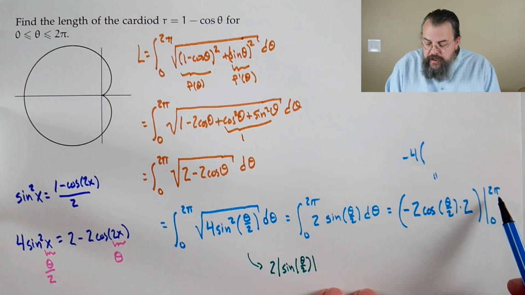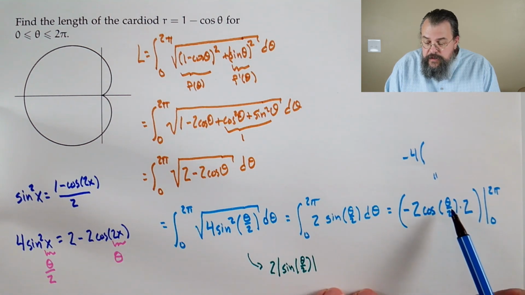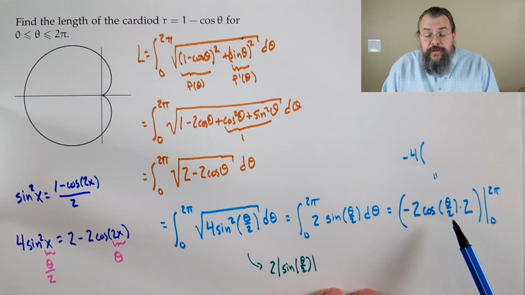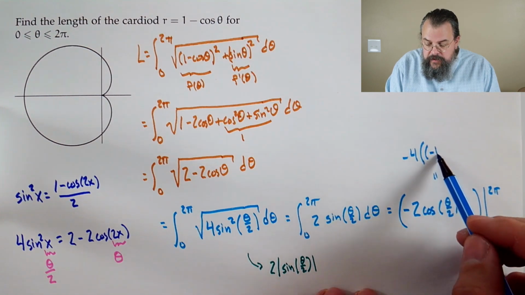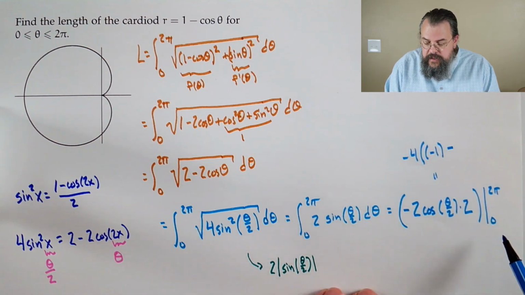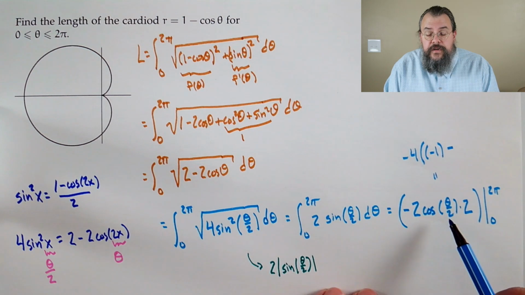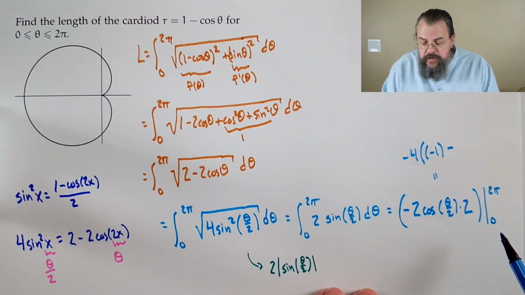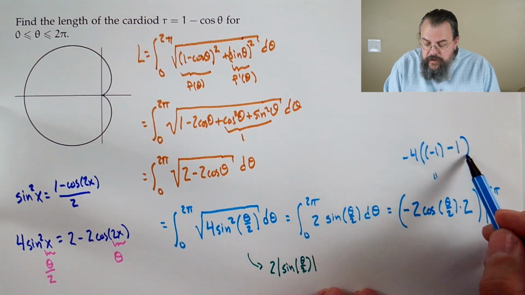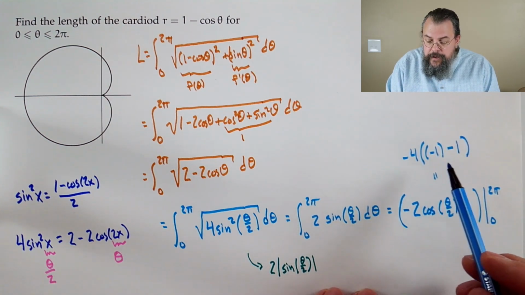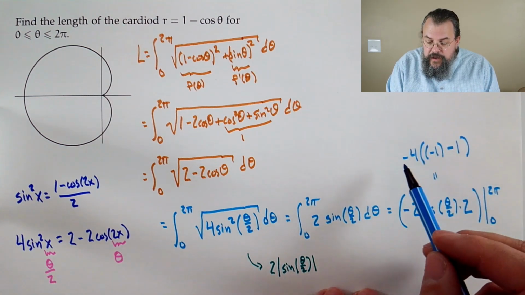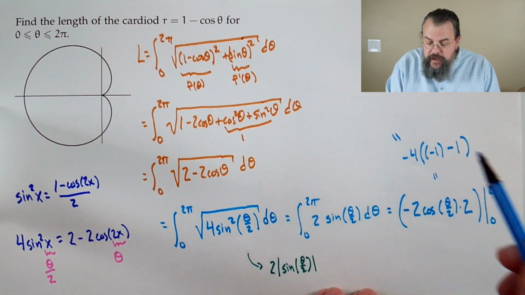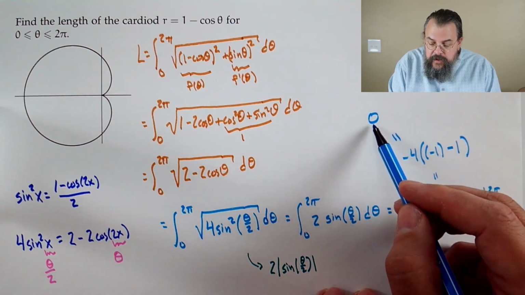Plug in 2 pi: cosine of 2 pi over 2, cosine of pi, is minus 1. Subtract cosine of 0 over 2; cosine of 0 is 1. So it's minus 4 times minus 2, giving us a final answer of 8.